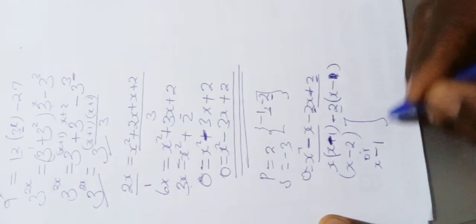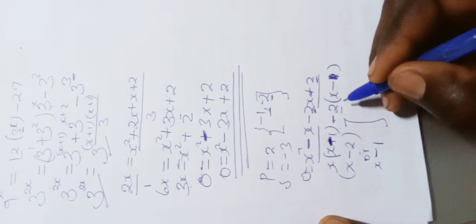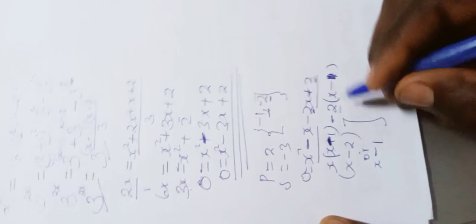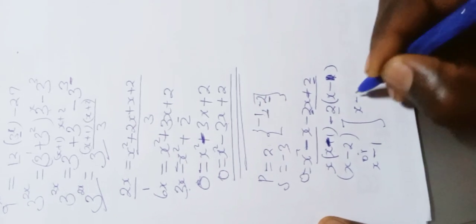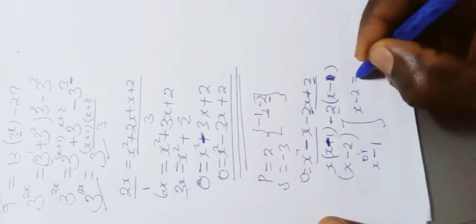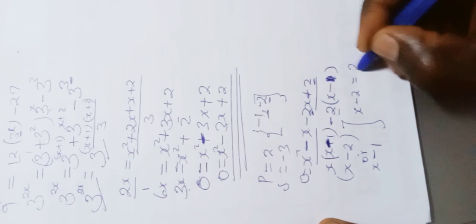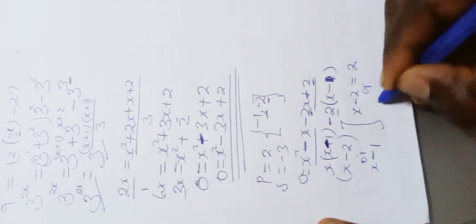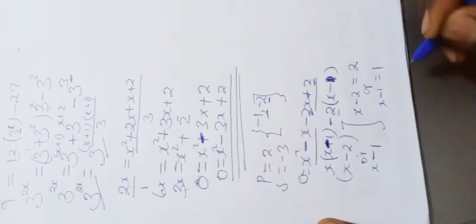So the values: it is either x minus 2 is equivalent to 0, or x minus 1 is equivalent to 0.